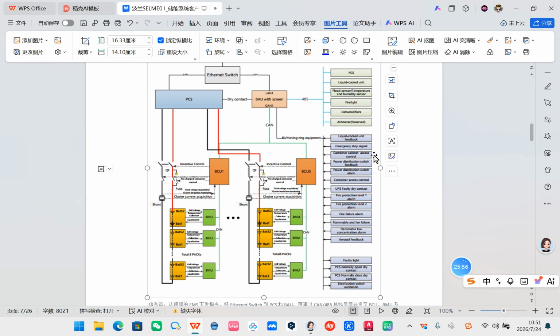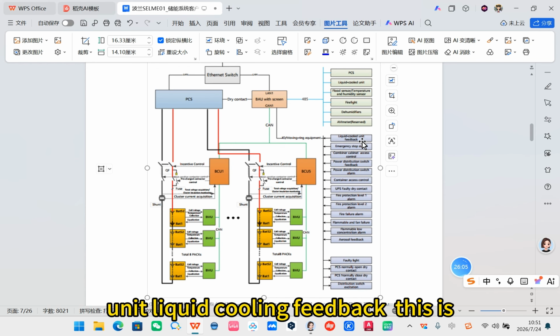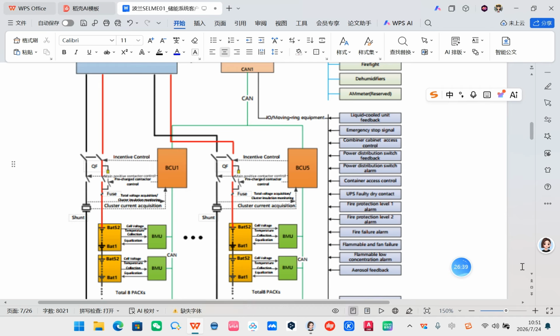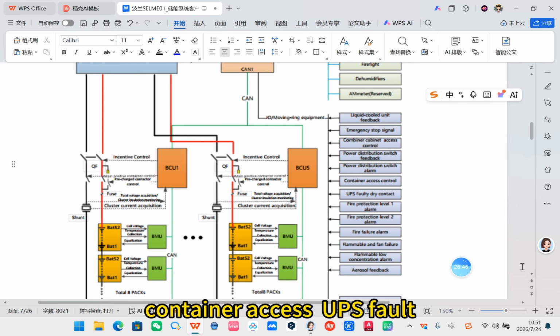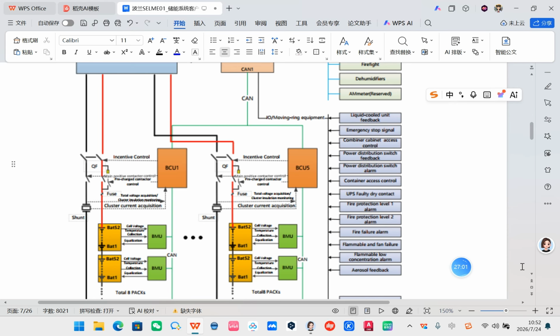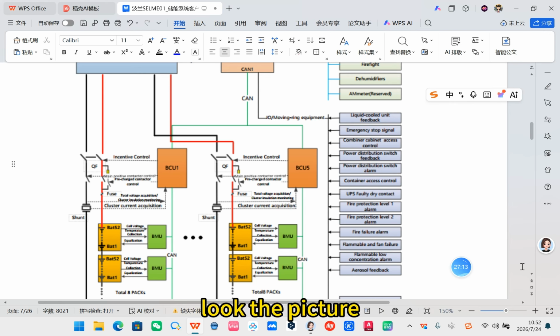First, the equipment status group: liquid cooling feedback, emergency stop, container cabinet status, distribution switch status, UPS fault, level 1, level 2 alarm, failure alarm, combustible gas low concentration alarm, fan fault, aerosol feedback, and so on. Look at the picture, you can find it.